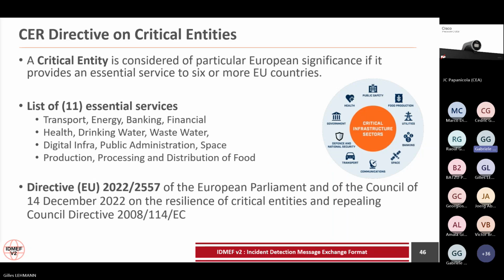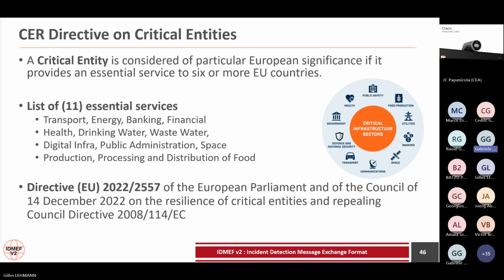Just to let you know what a critical entity is. From the European Commission, it is considered of particular European significance if it provides essential services to six or more European countries. The European Commission has identified 11 essential services, which are more or less those mentioned by Gilles in his slides.